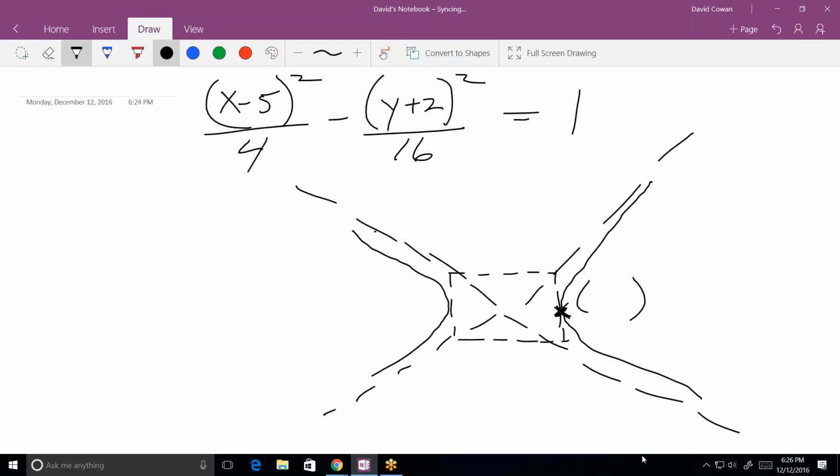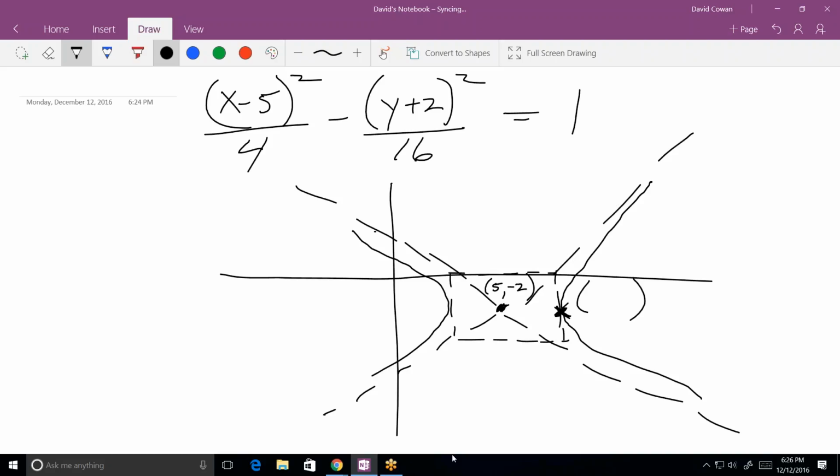That was the center, and it's at 5, negative 2. So my axis must be about like that. Let's label the center. That is at 5, negative 2.